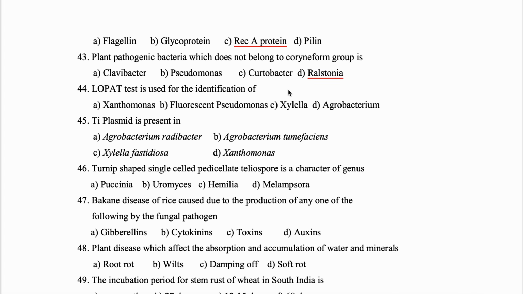But the second thing to consider is that the bacteria should be non-spore forming. So we also have another correct answer, that is Pseudomonas, because Pseudomonas can be gram positive but it is non-spore forming. So in this case the answer will be both B and D.